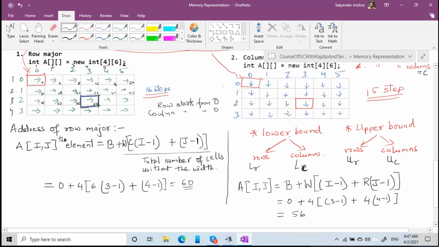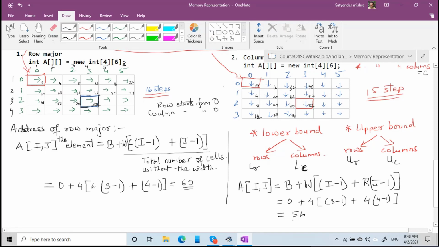Let's verify this. What I have to do is write 4 here. This is 0, this is 4, 8, 12, 16, 20, 24, 28, 32, 36, 40, 44, 48, 52, and now you can see this is 56.